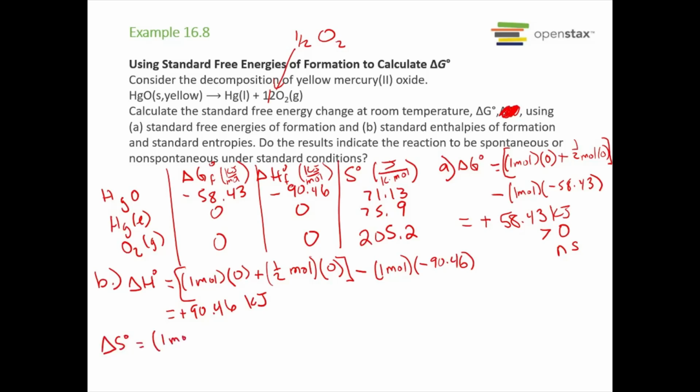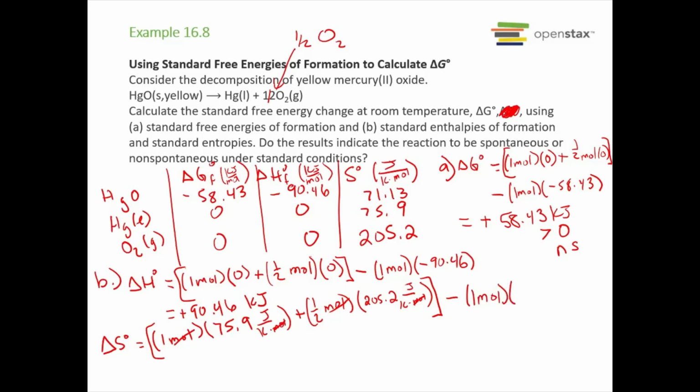So products, we have 1 mole of mercury times its delta S, which is 75.9 joules per Kelvin per mole, plus half a mole of oxygen times its entropy, which is 205.2 joules per Kelvin per mole, minus our reactant, which we have 1 mole of HgO times its entropy, 71.13 joules per Kelvin per mole.